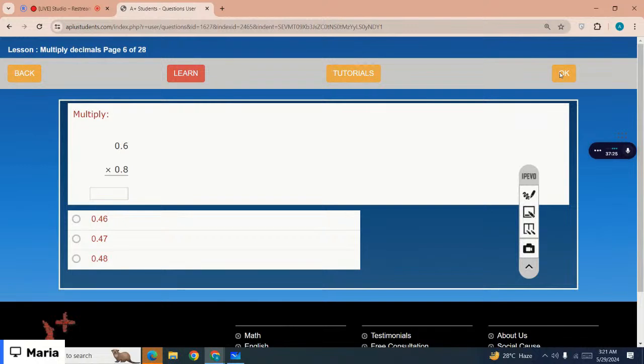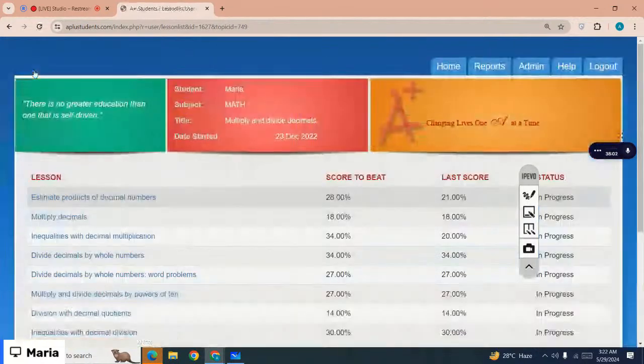Then 0.6 times 0.8, which is the correct option? That is 0.48. Option number 2 is the correct option. Okay, you can complete the lesson by yourself later today. Let's just move on to the next one.